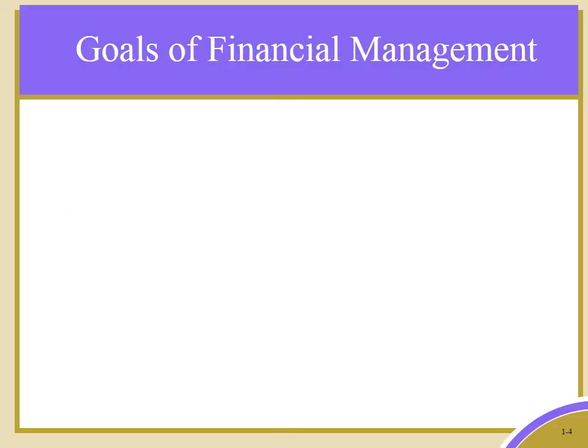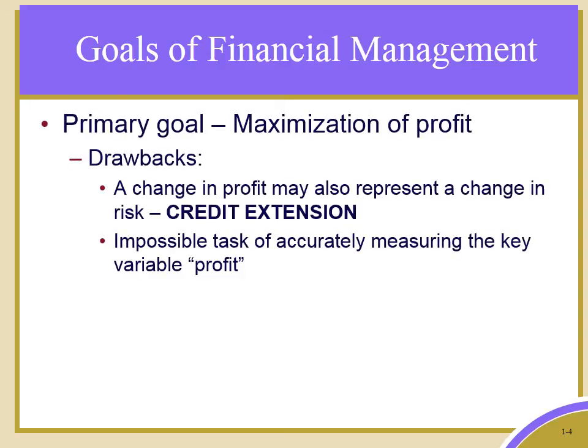And with all the functions of financial management we're using, here are the goals that we're trying to achieve with financial management. The primary goal is the maximization of profit. That's what any business wants to do, is maximize all of their profits. The drawback is a change in profit may also represent a change in risk. Credit extension is an example of that we talked about in the previous lecture.